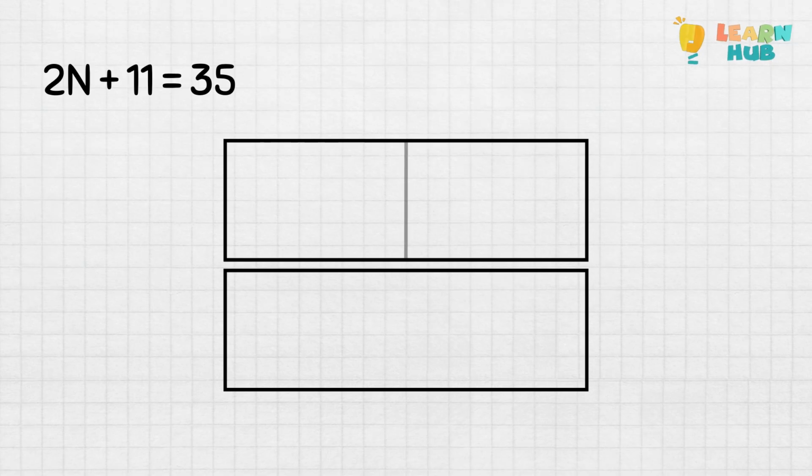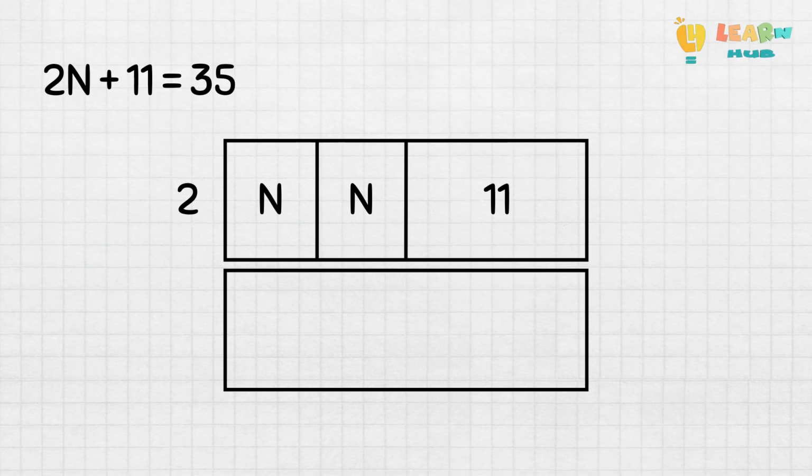Let us first cut it into 2 parts, since there are 2 addends, 2n and 11. Now we can divide 2n into 2 smaller rectangles with the same length, each representing n. Again, the top represents 2n plus 11, and the bar at the bottom represents 35.